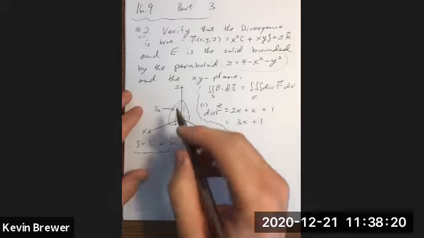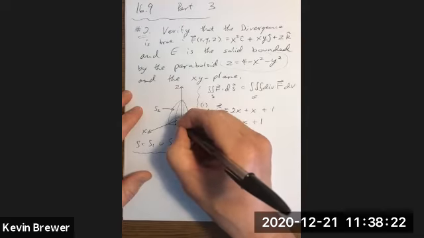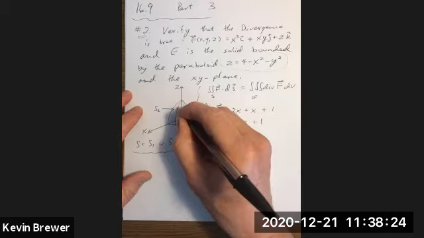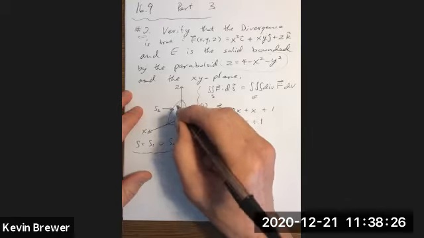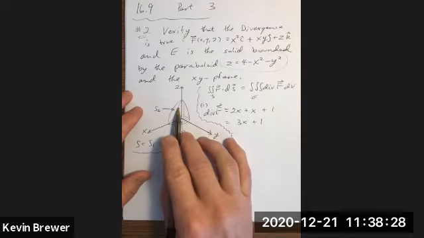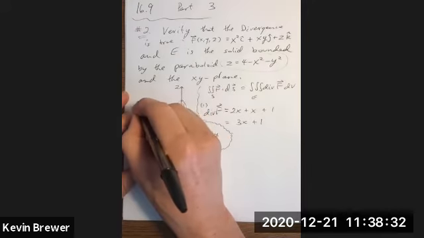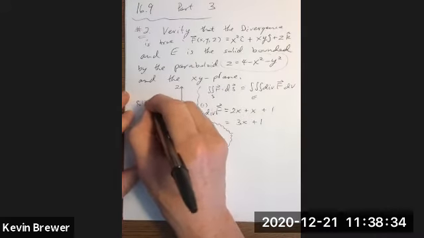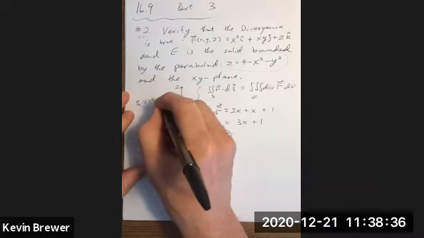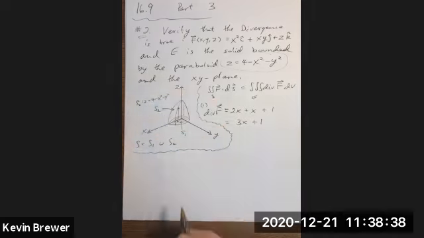Again, this is cylindrical coordinates. We'll go from the base up to the point directly above each point on the base, and that's a point on this surface. So S2 is z equals 4 minus x squared minus y squared.